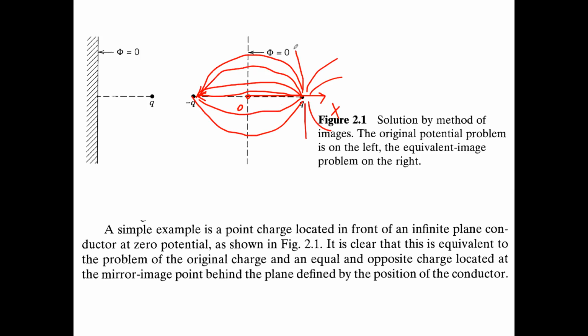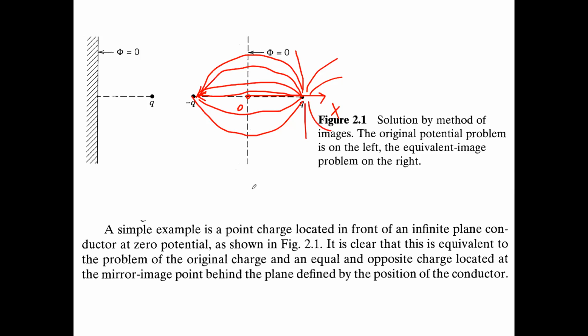Now, if you compare the system with a charge and a conductor and the system with a charge and a negative charge, you figure out the electric field line distribution is exactly the same. So in this symmetric system, those field lines at the middle plane should always be perpendicular to the middle plane, right?